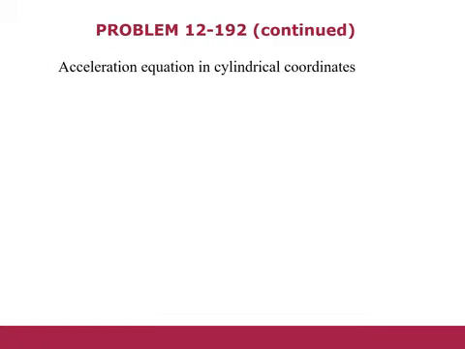Now we can calculate the acceleration of the robotic arm by this equation. We know that a is equal to ar ur plus a theta u theta plus az uz, right? So we know that this ar is actually r double dot minus r theta dot square, right?